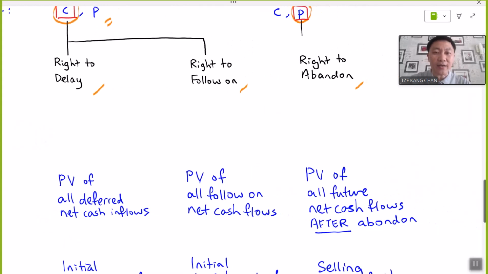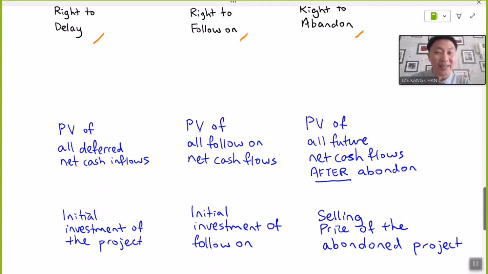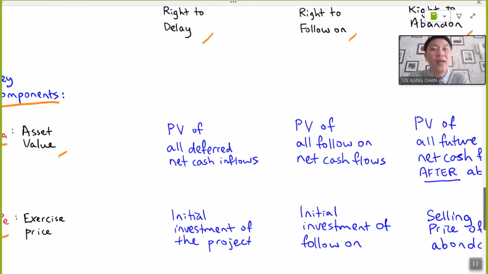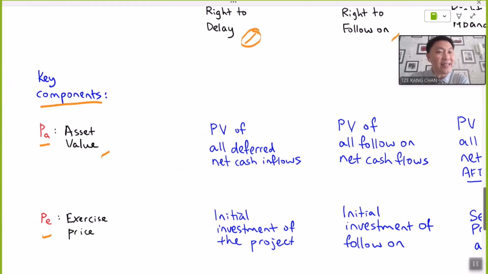So what exactly are these 5 set of key components for all the 3 types of rights to be estimated? Guys, here are the tables at one glance for your understanding and ease of application. Let's start with right to delay. When you would like to estimate the value of the right to delay a project, the value of the asset simply refers to the present value of all the deferred cash inflow. This requires the calculation of present value of all the future cash flow.